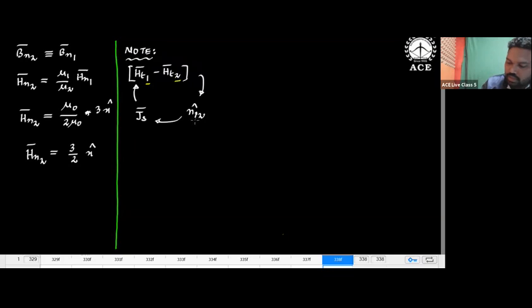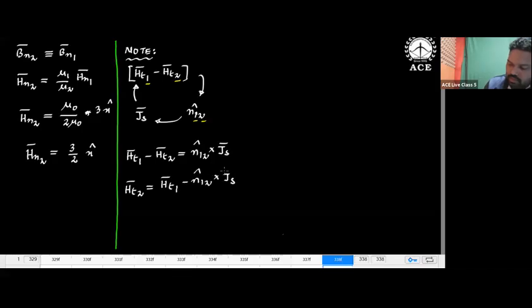What is the precaution here? 1 to 2. So Ht1 minus Ht2 is equal to N12 cross Js. HT2 is equal to HT1 minus N12 cross Js, beta.